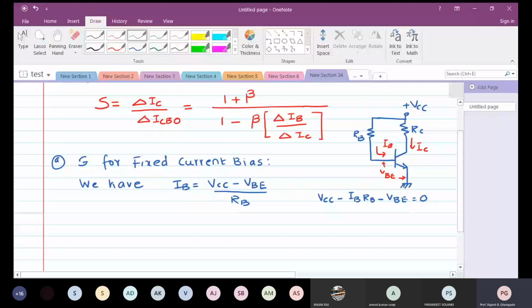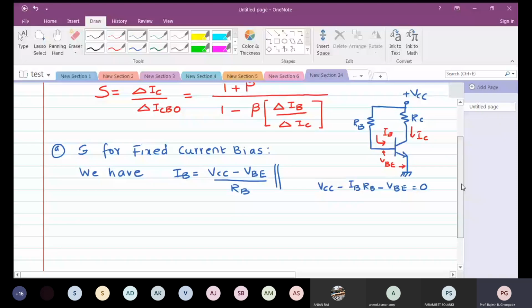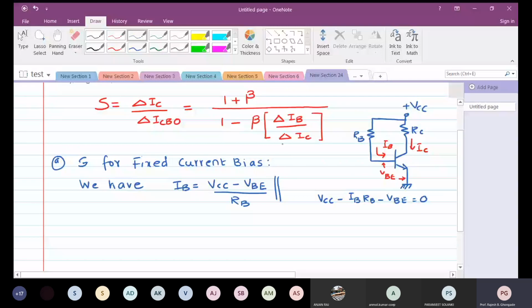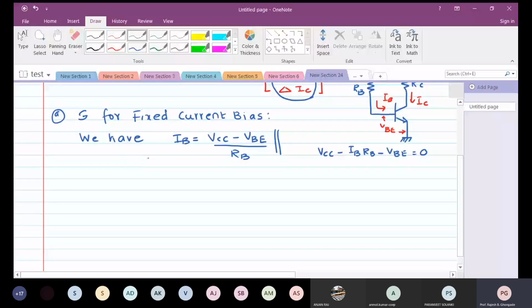From that I can derive this equation for IB. Once we have this equation, remember what our ultimate goal is: to evaluate the expression for this factor. Once we have an expression for this factor, we will substitute it here, and that will give us the expression for S for that particular circuit.